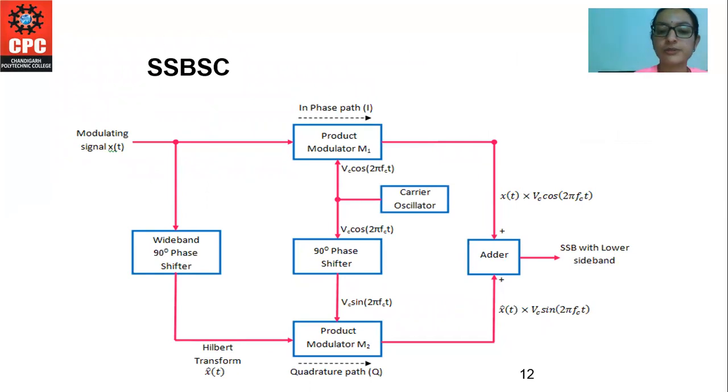First, we are going to discuss what SSB modulation is. A major range of bandwidth is wasted in AM and DSBSC, as both require a transmission bandwidth equal to twice the message bandwidth.